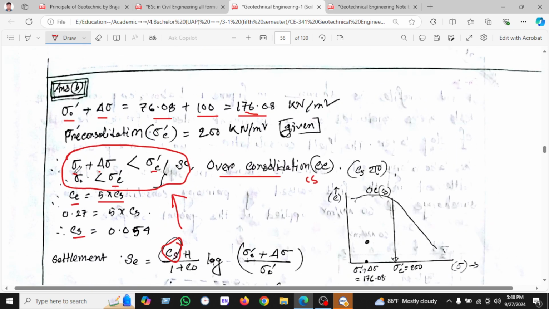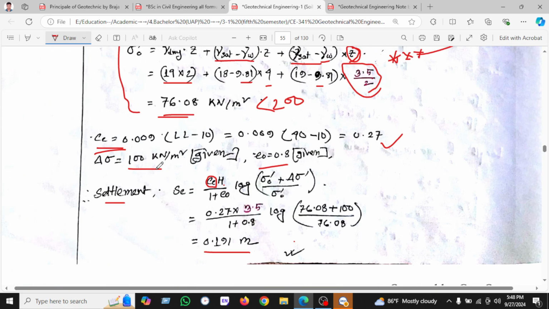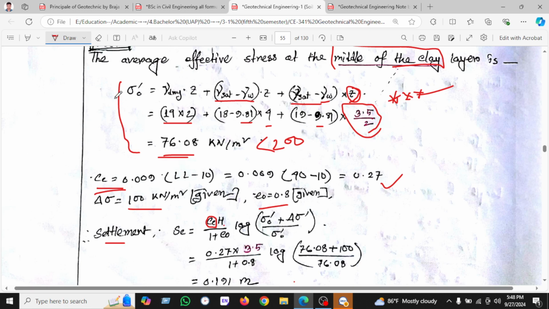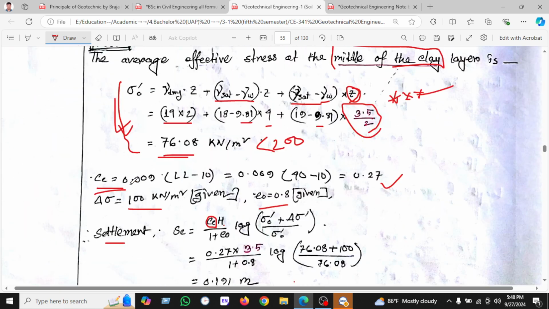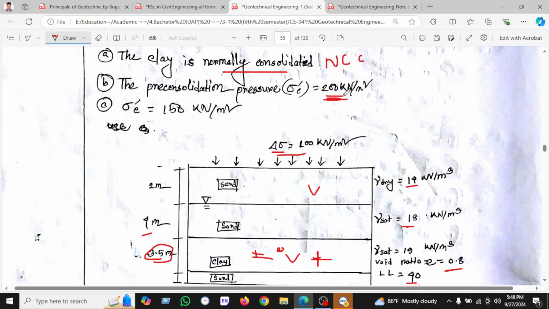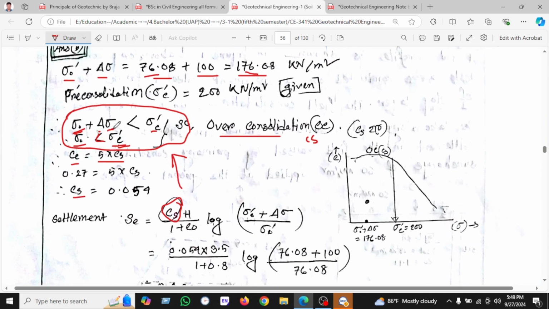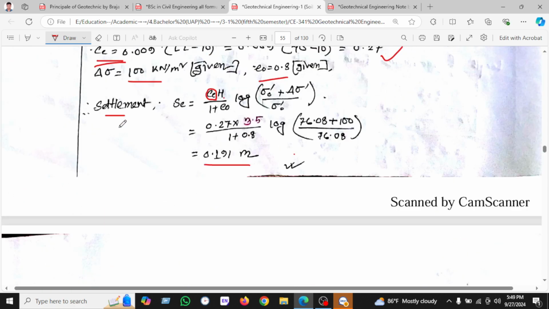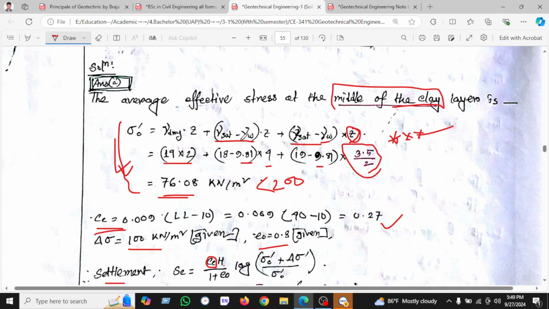So we have calculated sigma naught as 76, and we know the 76 is less than 200. This is sigma c, given in the question as 200. Then we know the delta sigma, which is given in the figure as 100.